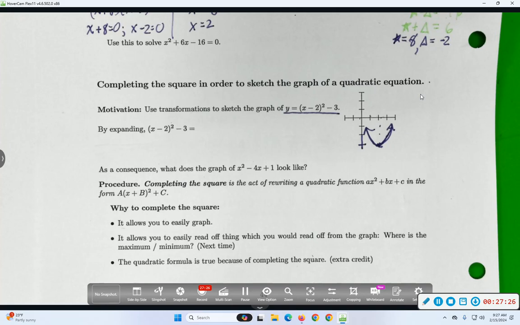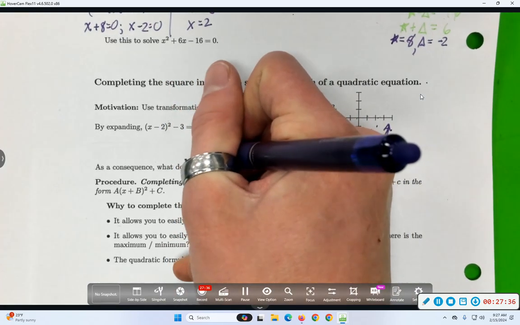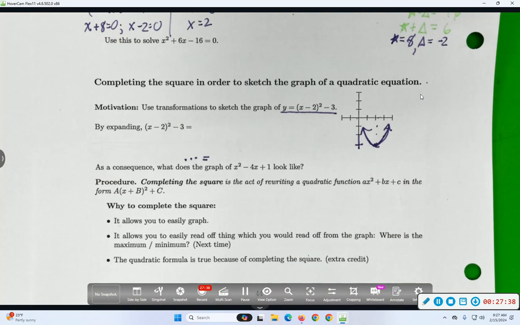Tell me what you get. And once you get it, again, maybe compare it with folks around you.